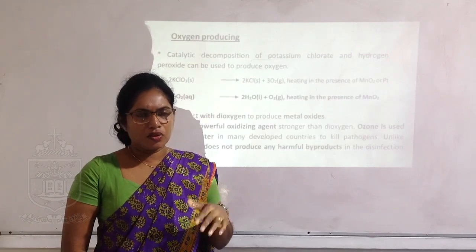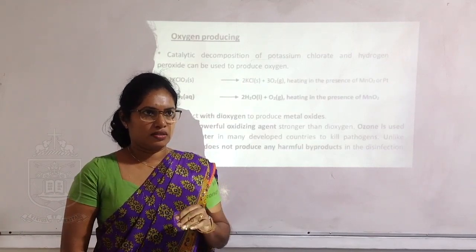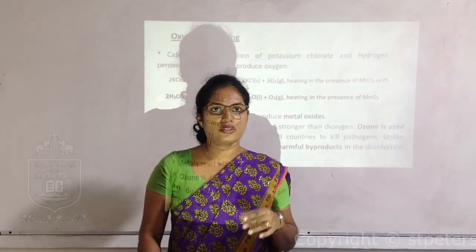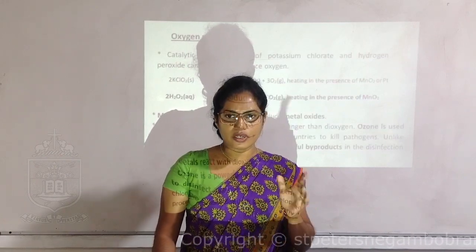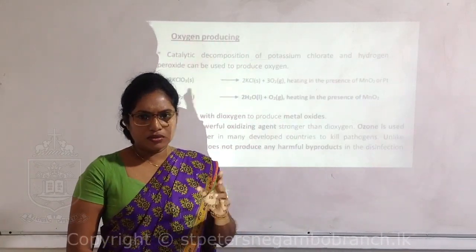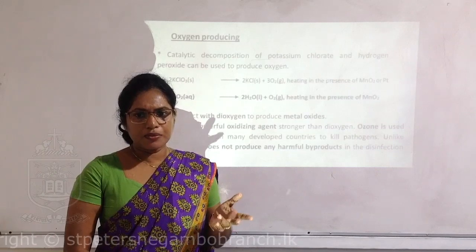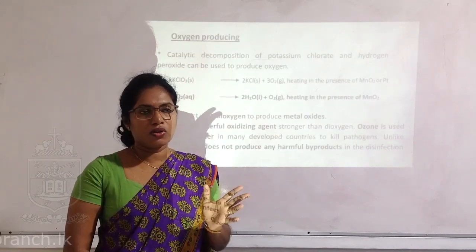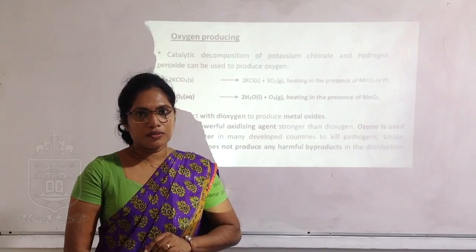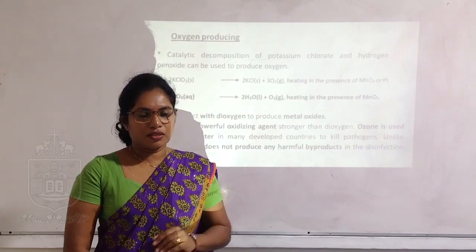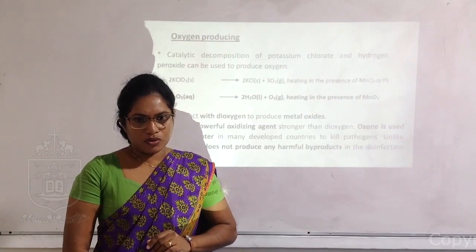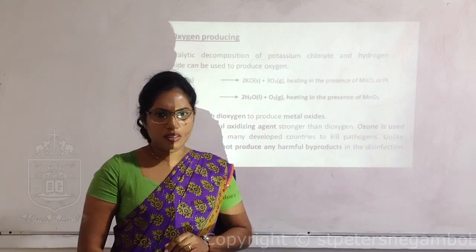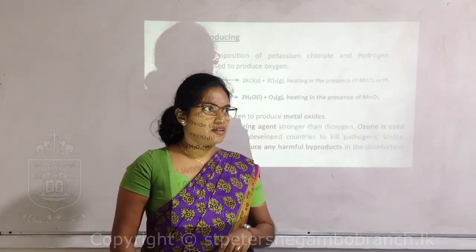But normally we use chlorine as a disinfectant compound, but ozone does not produce any harmful byproducts. Sometimes chlorine produces harmful byproducts, but when we use ozone, it does not produce any harmful products in water disinfecting reactions.